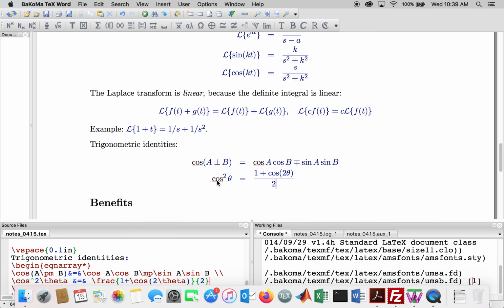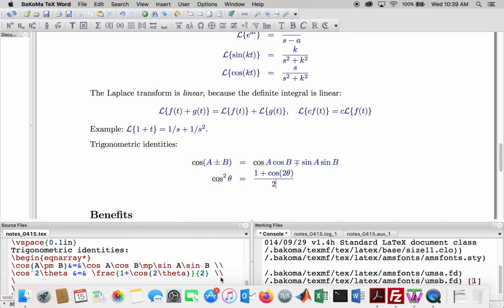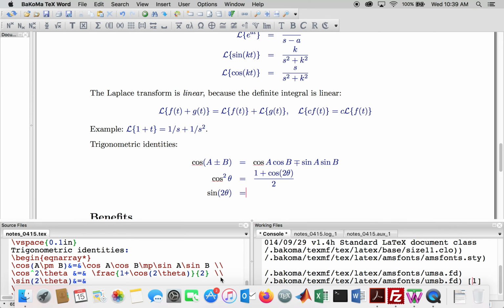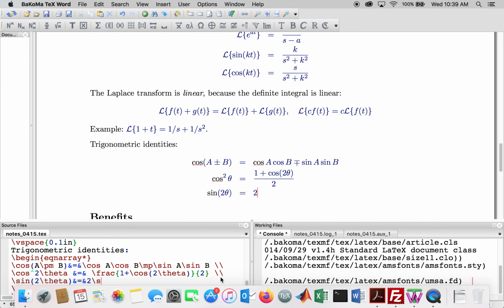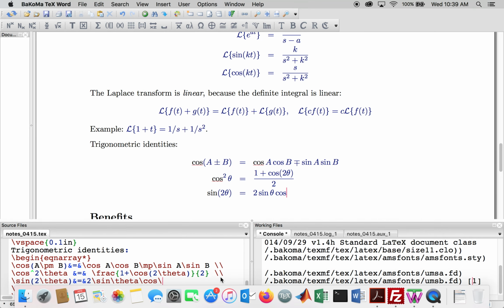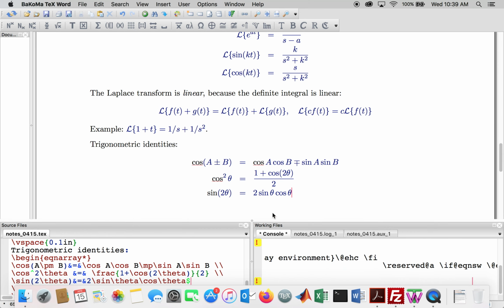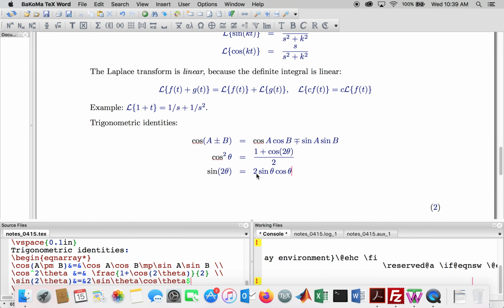Whereas sine squared theta is 1 minus cosine 2 theta all over 2. And one more. This is called a double angle formula. Sine of 2 theta is equal to 2 sine theta cosine theta.